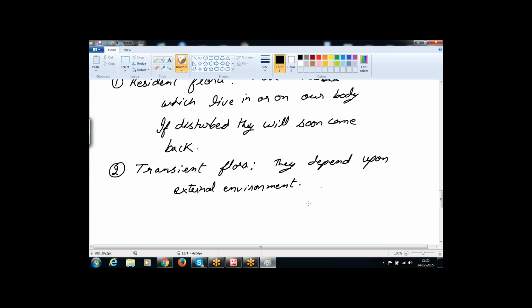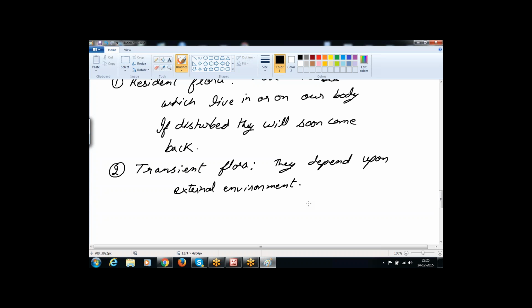For example, if outside it is hot, some kind of bacteria will be living on our skin. If the weather changes to cold, the hot type of bacteria will go and the bacteria which live in cold weather will come. Similarly, if the environment is humid, some kind of bacteria will live. If it is dry, some other kind will come and live.